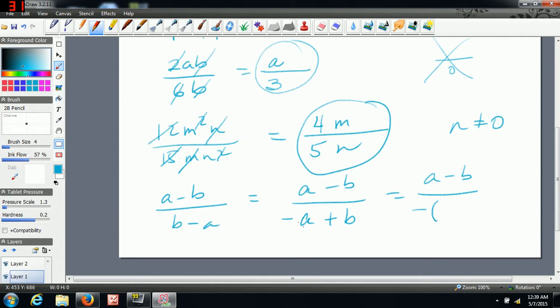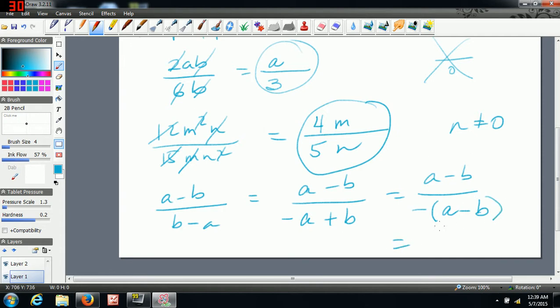When I factor out the negative, I'm actually dividing both of these by -1. So I'm factoring out -1. When we have a 1, we don't really write it. But if I was factoring out a 2 or a number bigger than 1, I would have to write that in. So -1. Negative a gets divided by negative, which becomes positive a. And then positive b divided by negative becomes negative b.